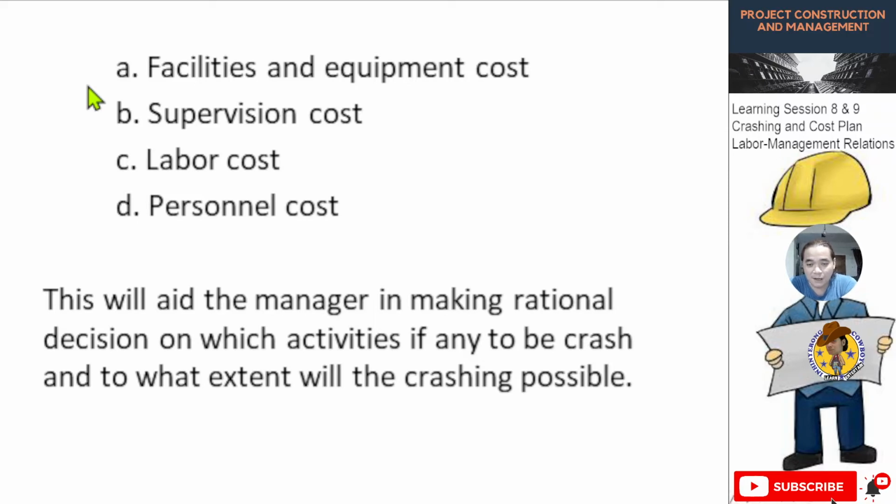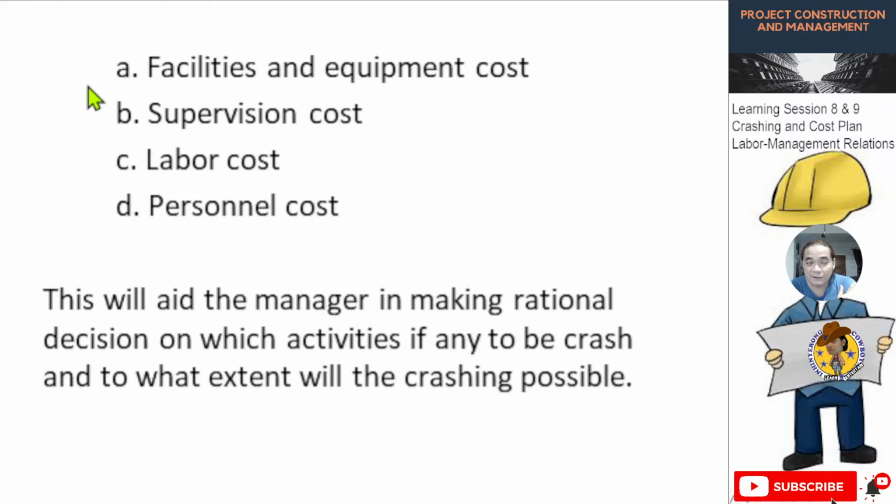This method will aid the manager in making rational decisions on which activities, if any, are to be crashed and to what extent the crashing is possible. The one important thing we need to keep in mind is that we have to analyze the activities, because there are activities that you cannot actually compress or crash.